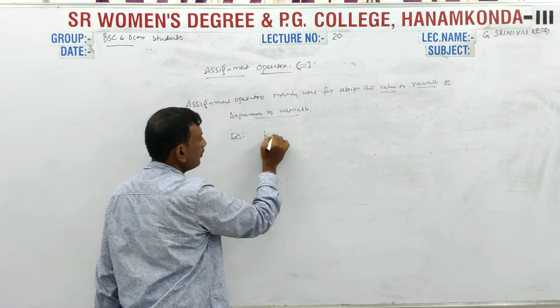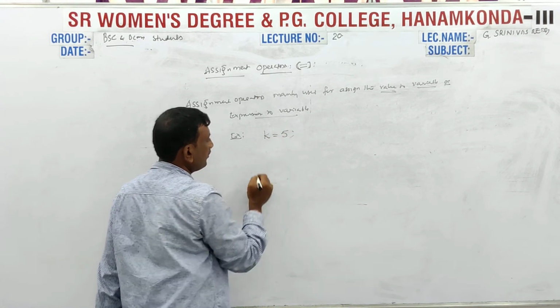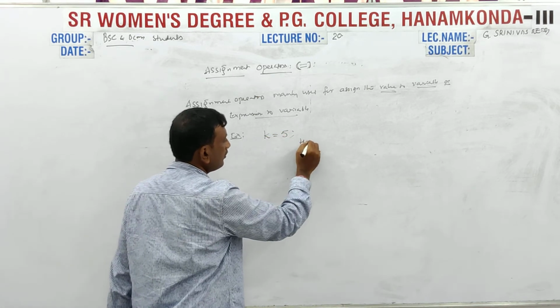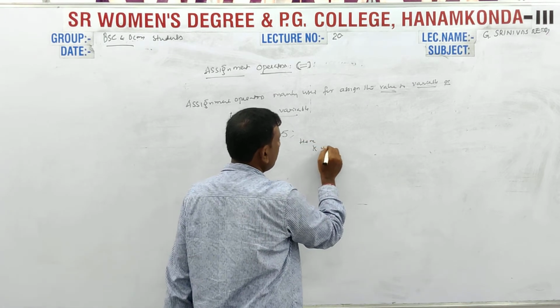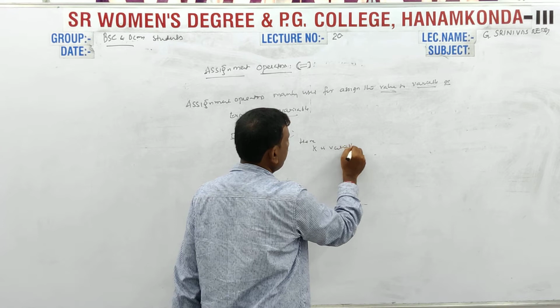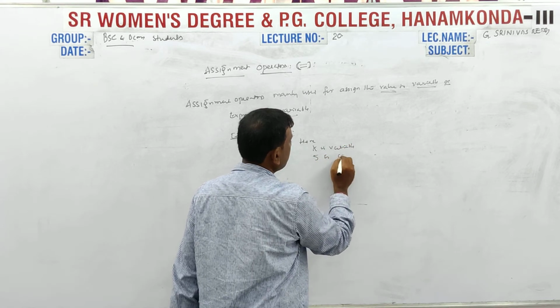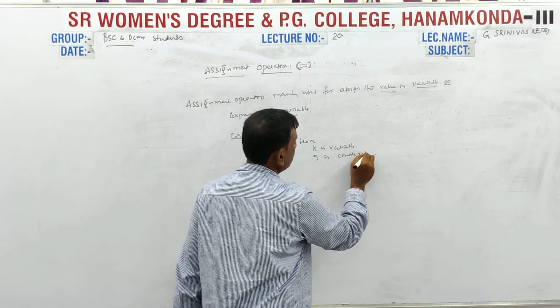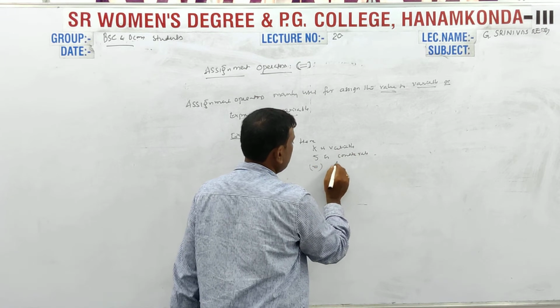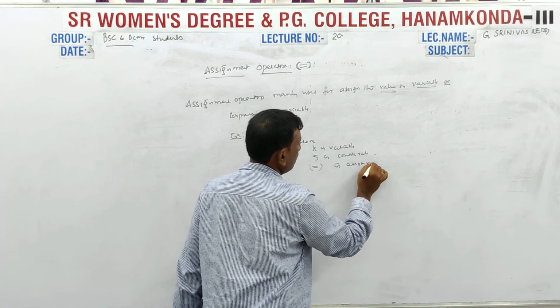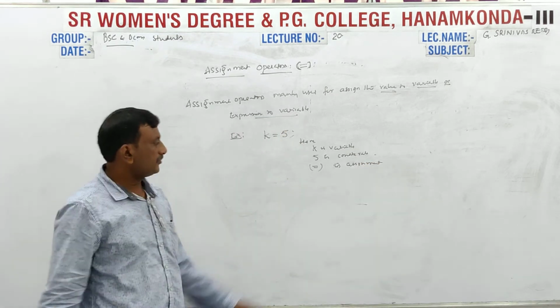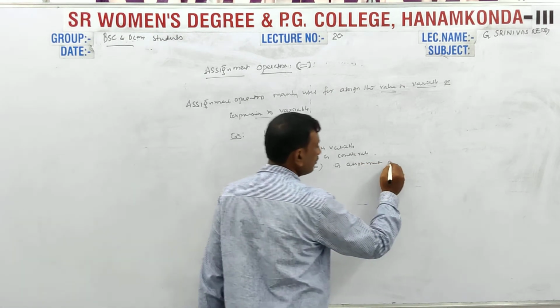Example, k equal to 5. Here k is a variable, 5 is a constant value. This is the assignment operator.